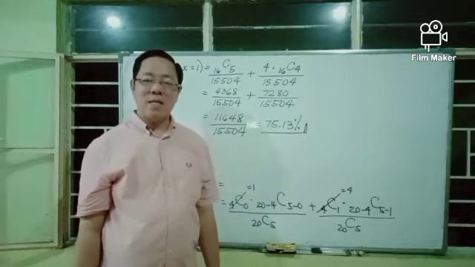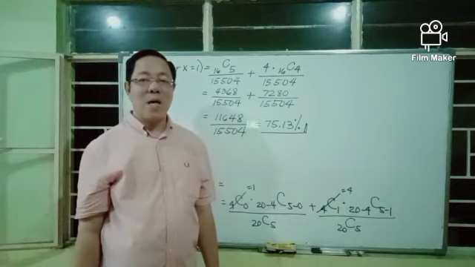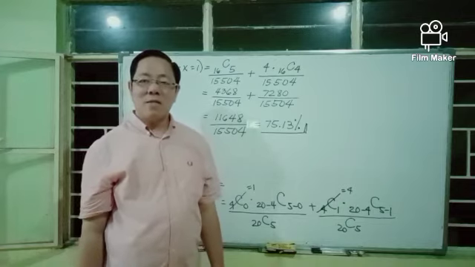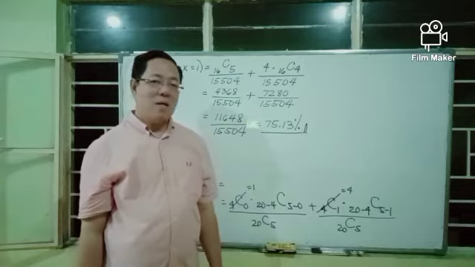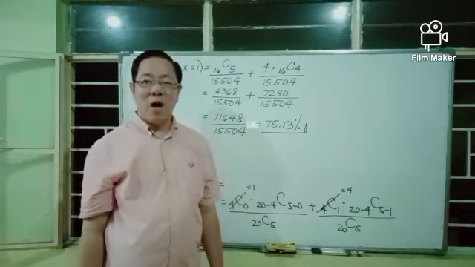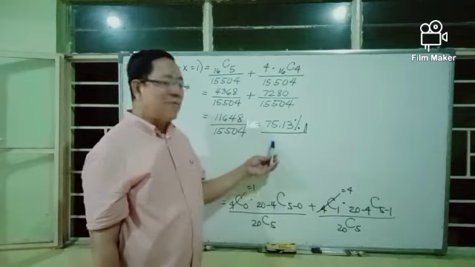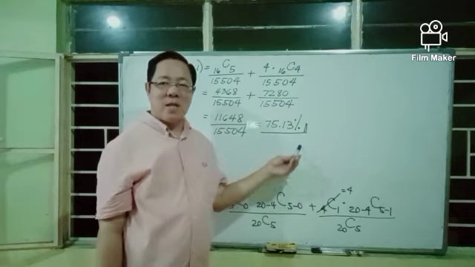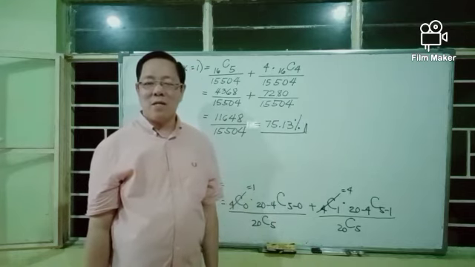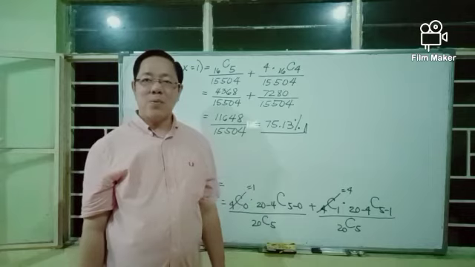And the probability that the lot of 20 items will be approved for shipment, or will be accepted, because among the 5 items in the sample only one or none of the 5 items tested defective, is 75.13%. This is the probability that the lot of 20 items will be accepted, approved for shipment.